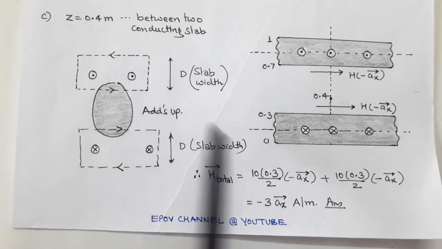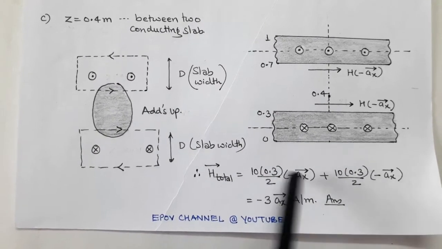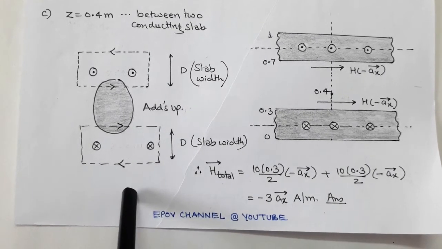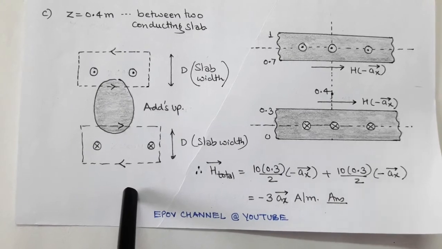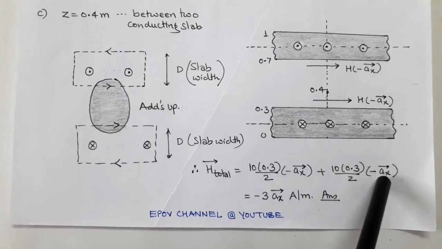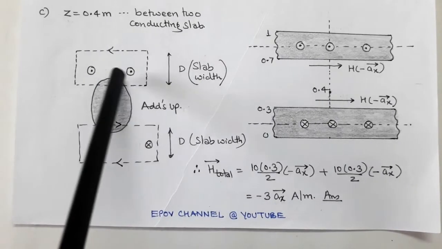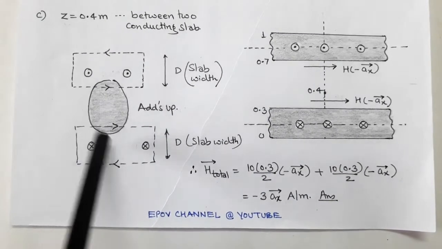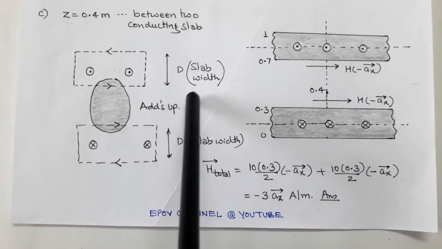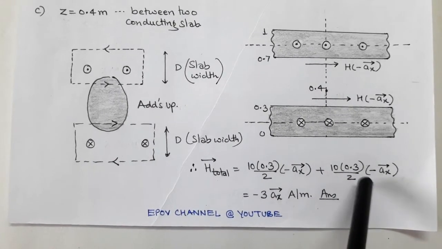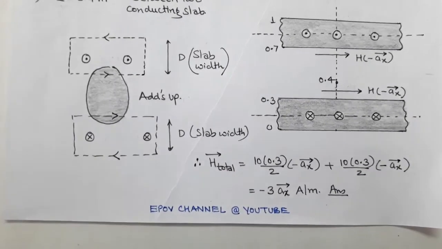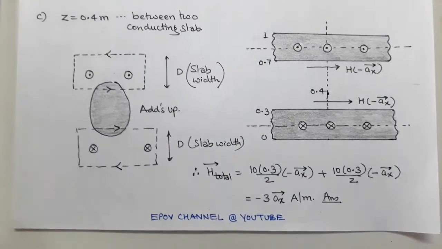So we simply add the two magnetic field intensities, due to the upper and lower conducting slabs, and here the direction is toward the negative direction of unit vector x. The Amperian path for upper and lower encloses the width, capital D, and its value is 0.3, and the answer is -3 unit vector x ampere per meter.